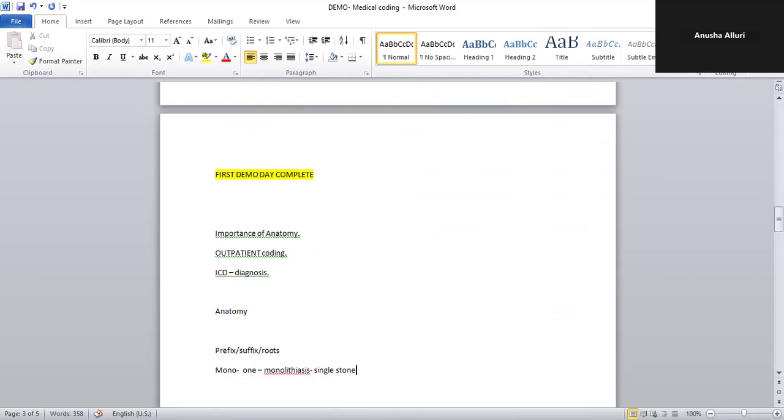Or monocyte, one cell. Unilateral means one-sided. Unilateral chest pain is chest pain on one side only. Like that, we have to understand the prefixes. What are the other prefixes?